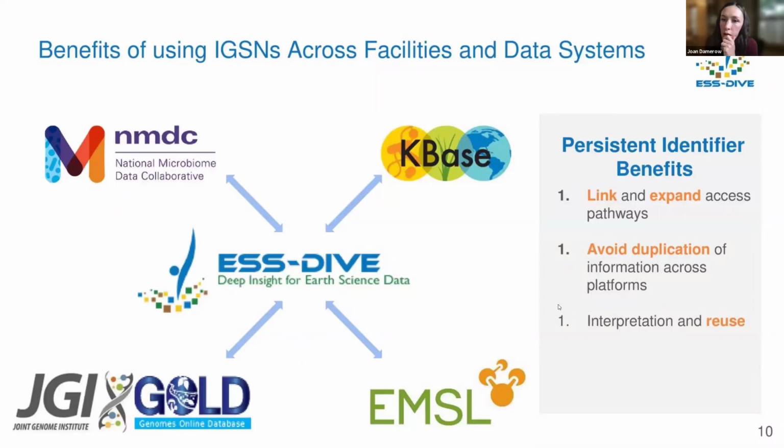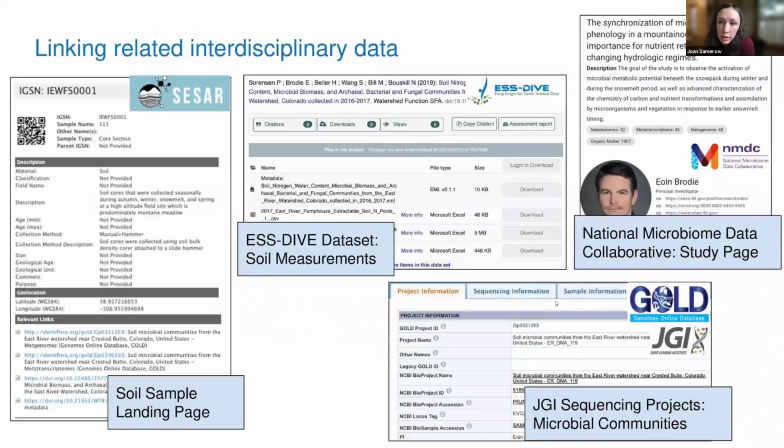Next slide. So we have started working through use cases across ESS Dive, NMDC, KBase, JGI, and EMSL to start adding these URL links with descriptions of what those links are, to test how we can associate these IGSN sample landing pages with the ESS Dive data sets, and then also the associated data in GOLD, NMDC, EMSL, and KBase.